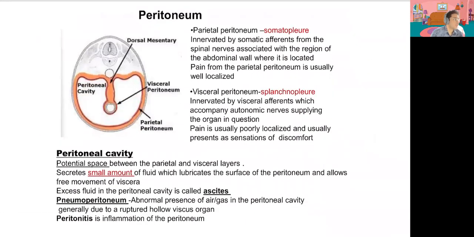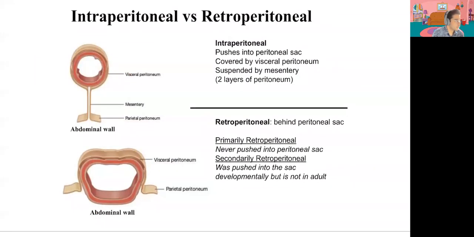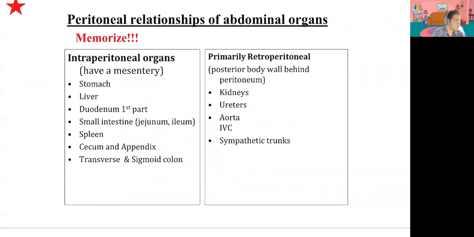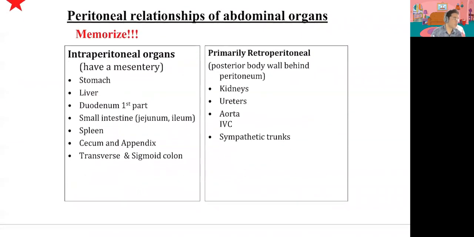Okay, anatomy, peritoneum. Essentially what you need to know with this, I'm going to keep it very simple, is you need to know your intraperitoneal organs versus your primary retroperitoneal organs. They love asking this. Does this apply for the myenteric and Meissner's plexus?